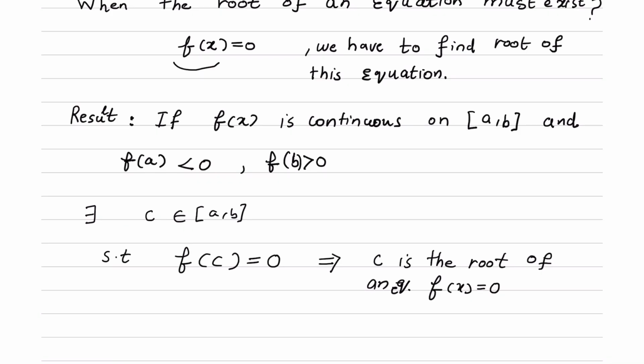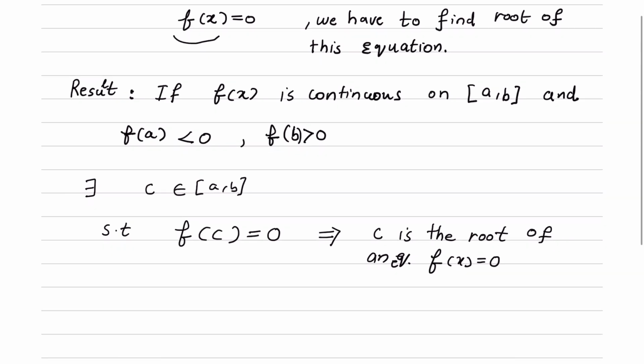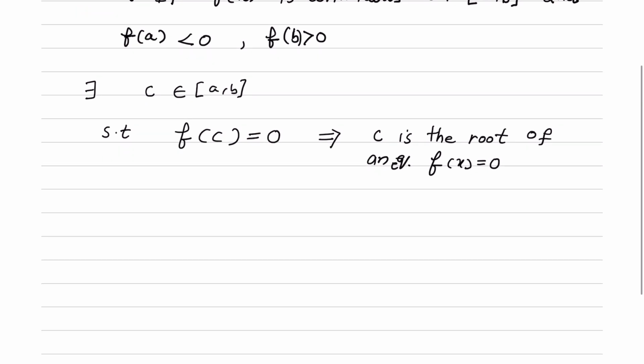If we are able to find such an interval AB, then there will exist by this result some number C in between that interval such that f of C will be equal to 0, which implies that C is the root of the equation. Okay, let's try to further understand this result.